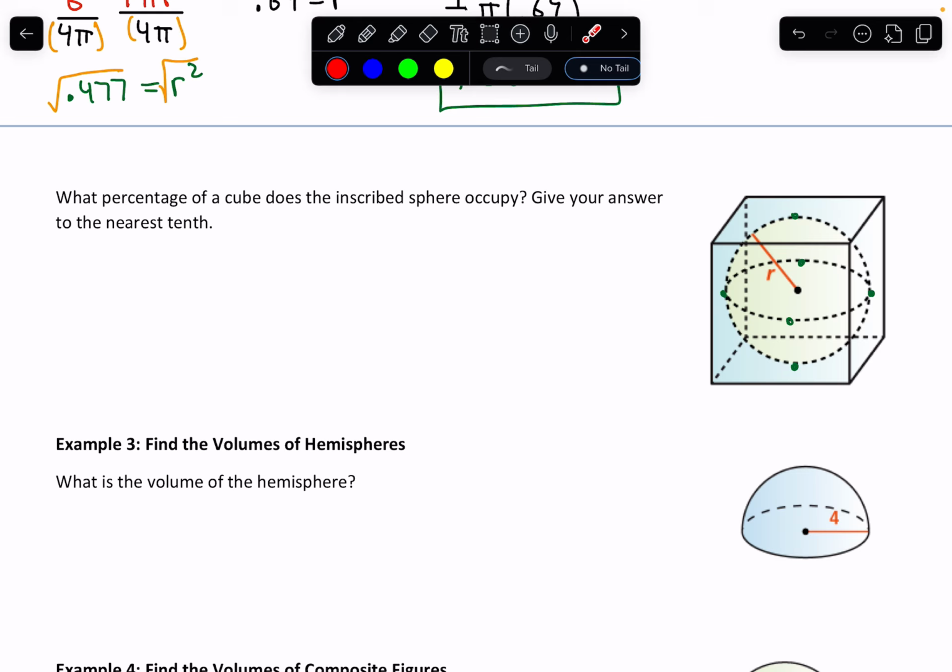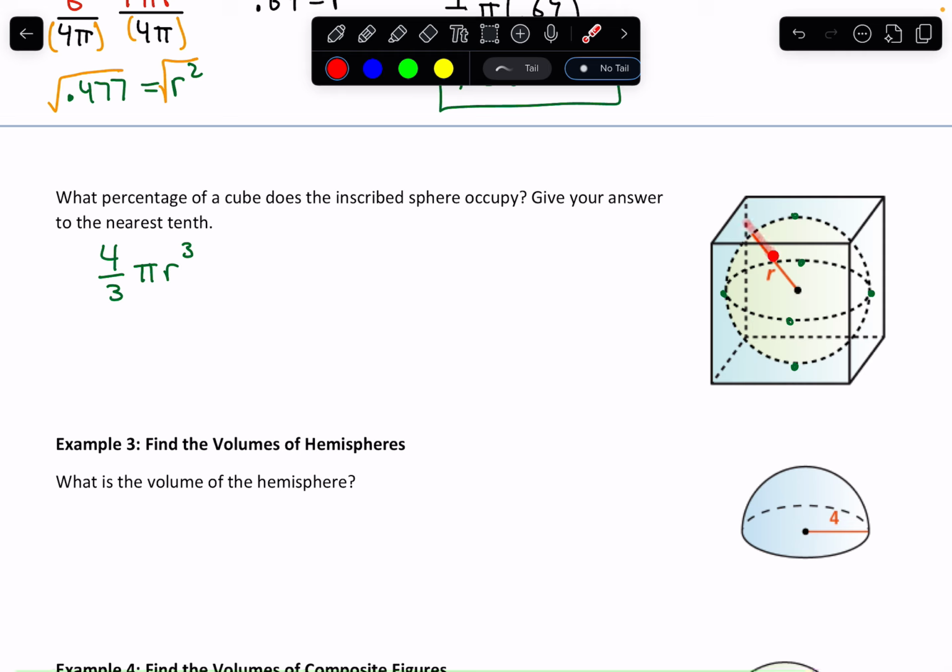So let's figure out how to find this out. When we find percentage, we need part divided by whole. So first I need the volume of the sphere itself, right? And since we just have r, that volume is 4/3 pi r cubed. Then I need to know the volume of the cube.